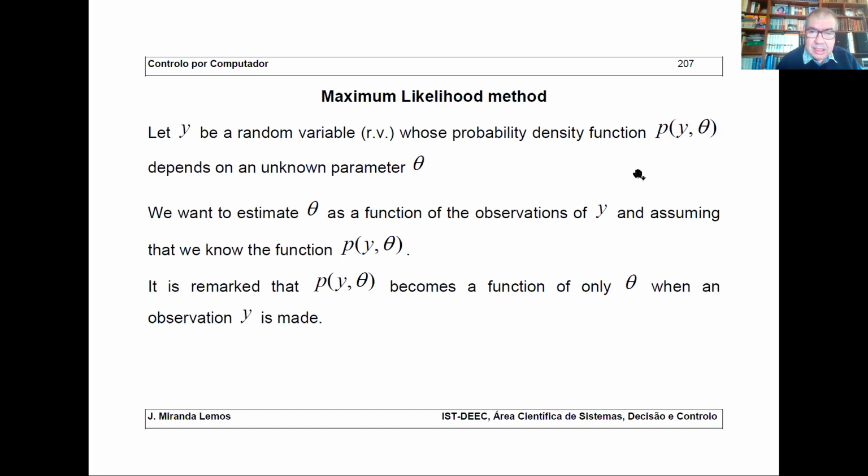Okay, express this relation in the form of a probability density function. So the probability density function of y somehow depends on theta. And if you know this probability density function, you observe y and you want to infer theta from this.